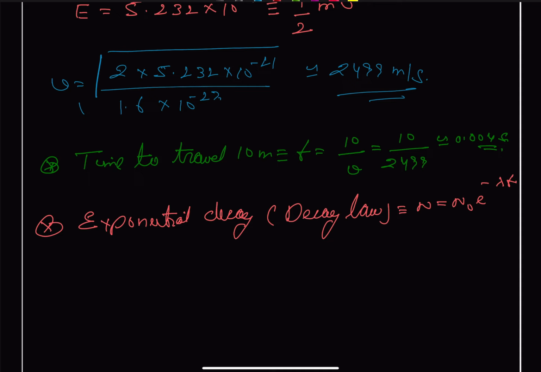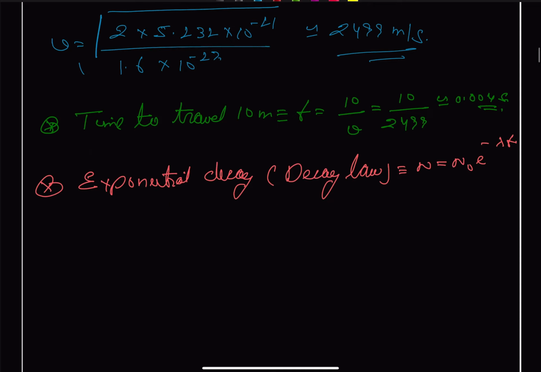And here we are also required to find out lambda, but that is quite straightforward. Our lambda will be equal to natural log of 2 divided by t half, that is the half-life, and natural log of 2 is 0.693, and half-life is given as 700 seconds. So this comes approximately equal to 9.9 into 10 to the power minus 4 per second.